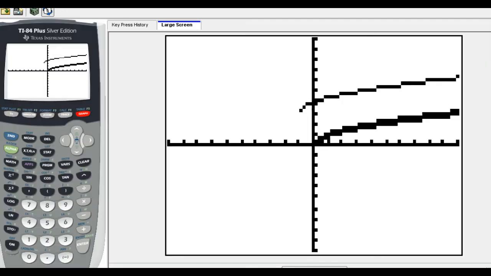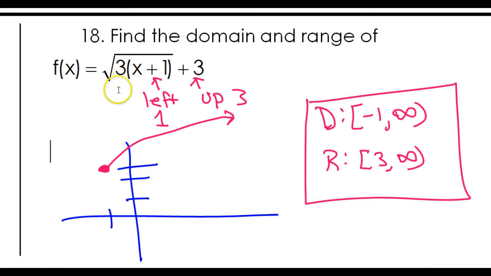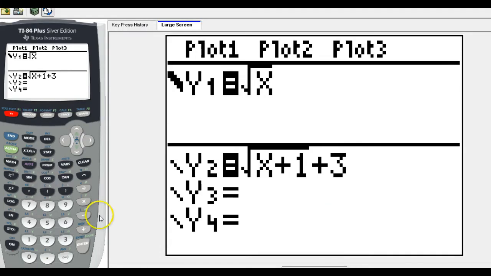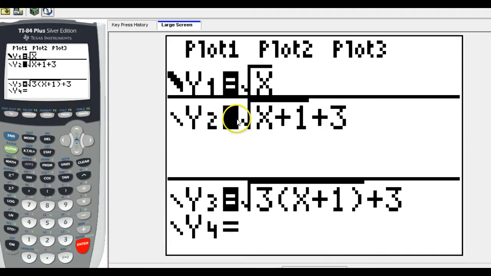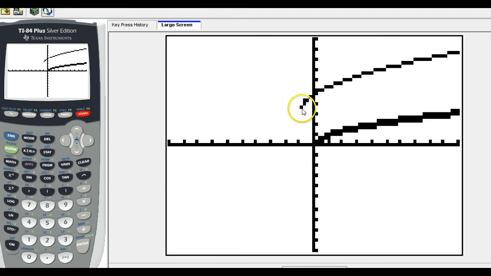Now I was claiming that putting a 3 in front here, the real equation has a 3 here, wouldn't really change the domain and range. So let's see. I've turned this one off, so when I hit graph, I will now be graphing this one with a 3 here. There's that function, and sure enough, it's still here at -1, 3.